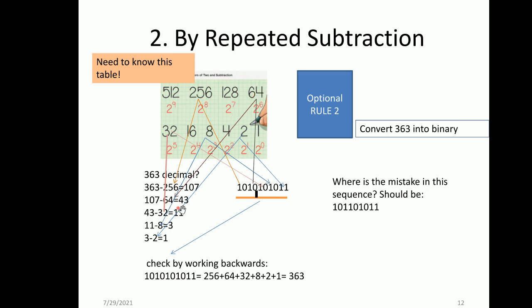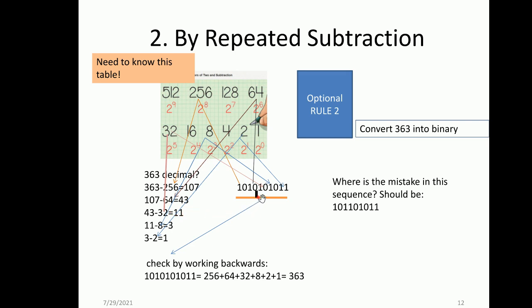And if I do that, I'm left with 43. Alright, so I'll put a 1 here, because 1 corresponds to taking 64 away. With 43, I could take 32 away, which is 2 raised to the power of 5, and that gives me 11.